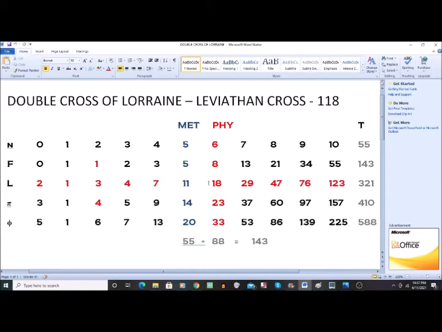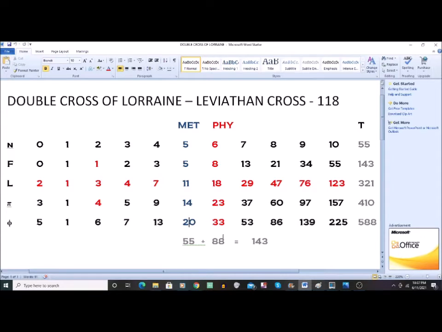This 1118 is referenced in so many places. Once you start looking at numbers, it seems to be everywhere, and not very obvious all the time. So that's a quick explanation of this table, just in case you're new.